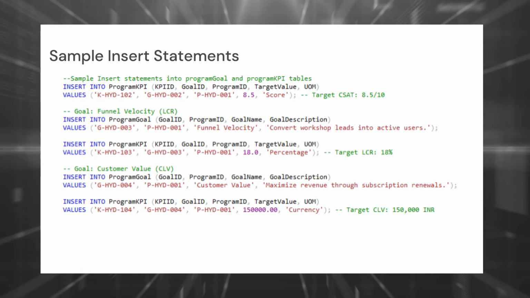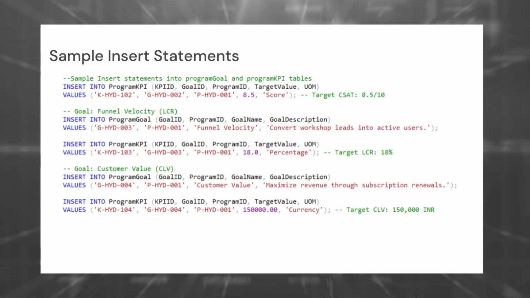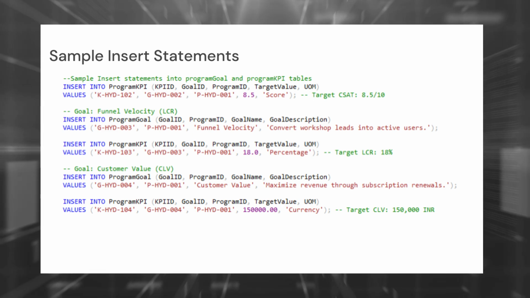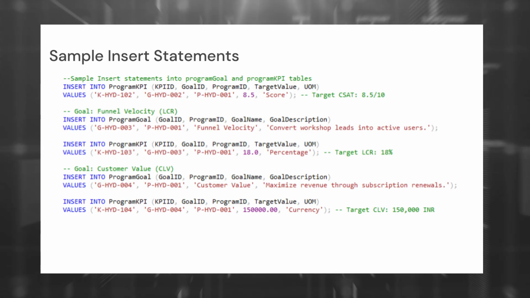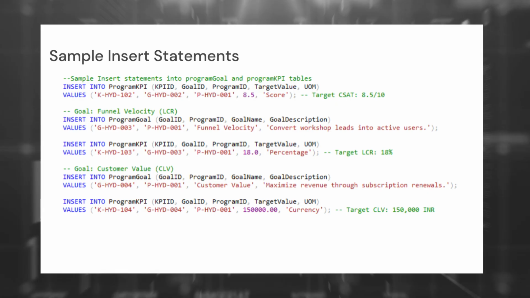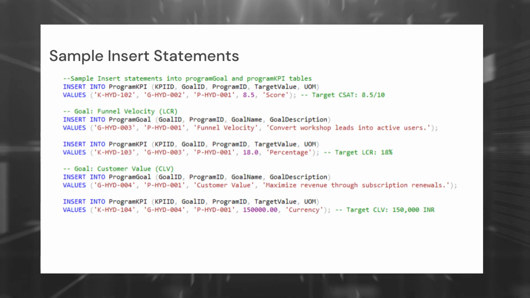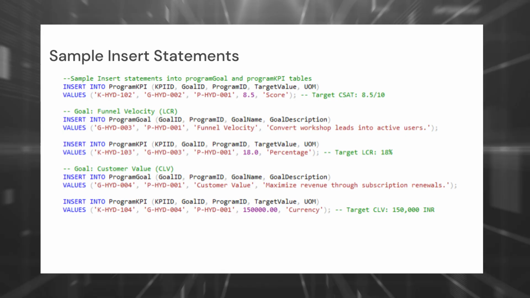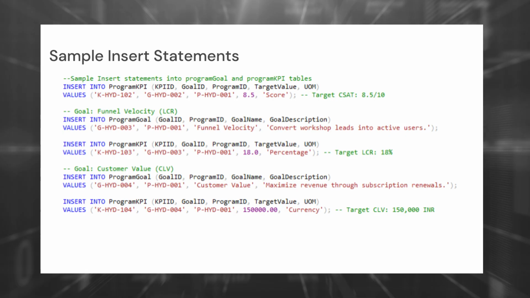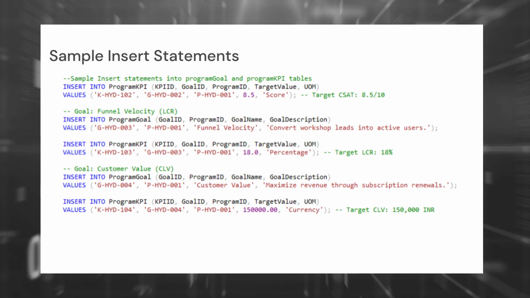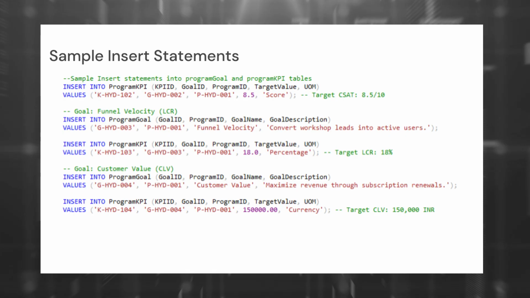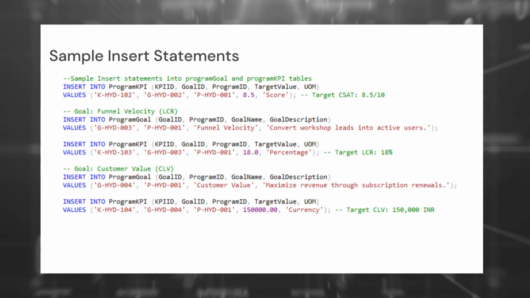Finally, the program KPI entries set those crucial targets. 3,000 Indian rupees for CAC, 18% for LCR, and a robust 150,000 Indian rupees for CLV. These numbers aren't just arbitrary, they are the strategic benchmarks for this critical pilot. A CLV to CAC ratio of 12.5 to 1 reflects the expected high returns from our subscription-based software model.